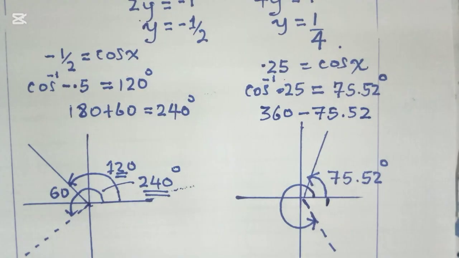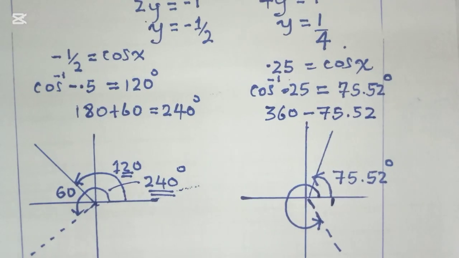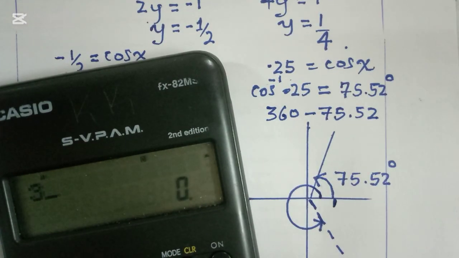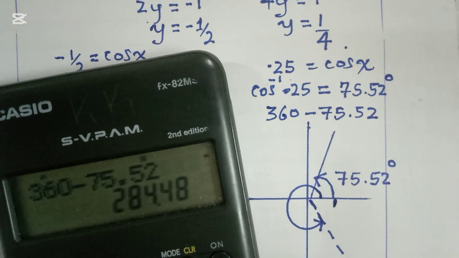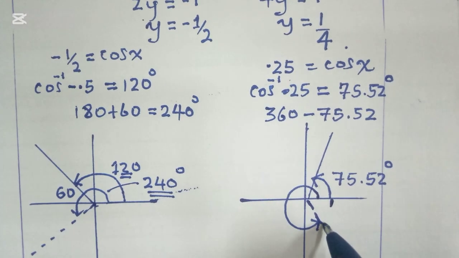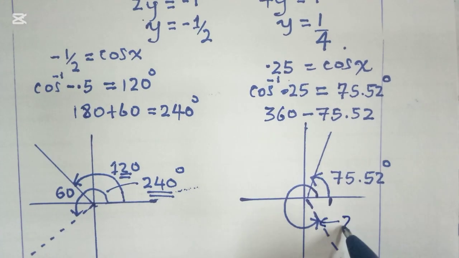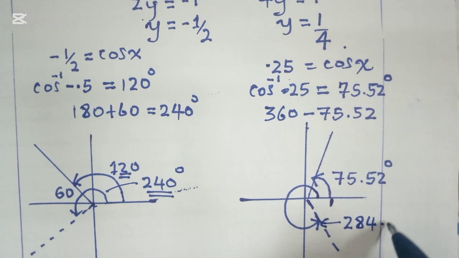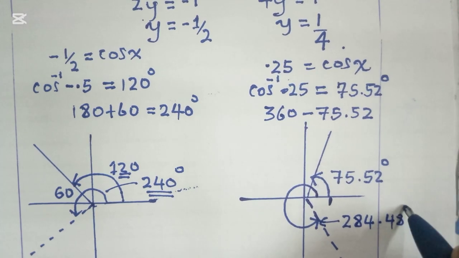So let's find out what we get from that. 360 minus 75.52 gives us 284.48. So this one gives us 284.48 degrees.